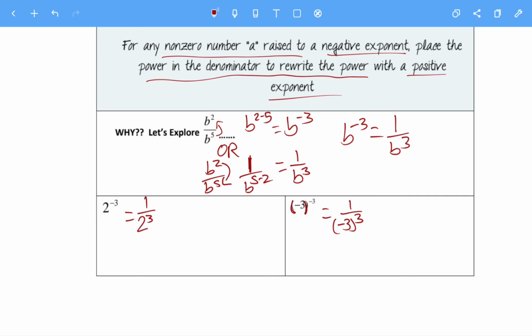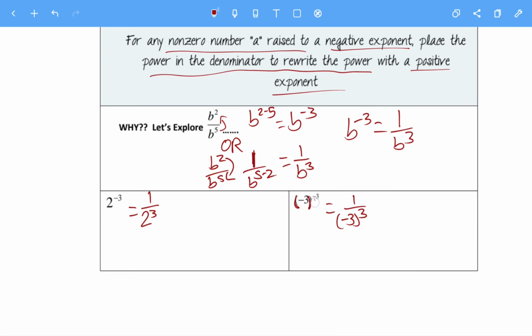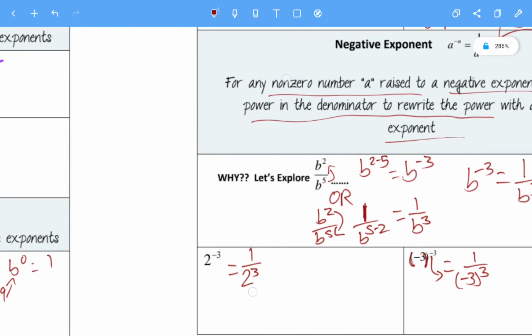Now, a common mistake I see here, when folks bring down the power, they turn this to a positive. It does not turn into a positive. That negative in the exponent is the only thing that changes signs. So be careful with that.